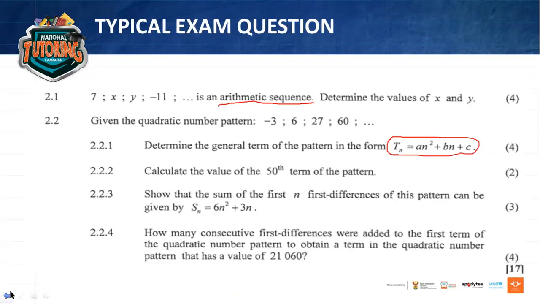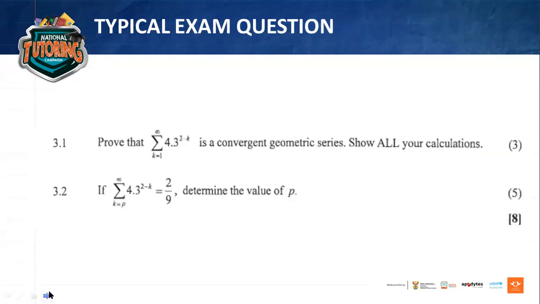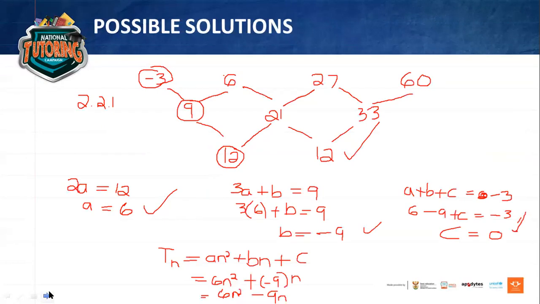Show that the sum of the first n differences of this pattern can be given as Sn equals 3n squared plus 3n. So we go to the first difference, then we calculate Sn. That's basically what they are trying to say to us. It's important that we remember what our first difference is.